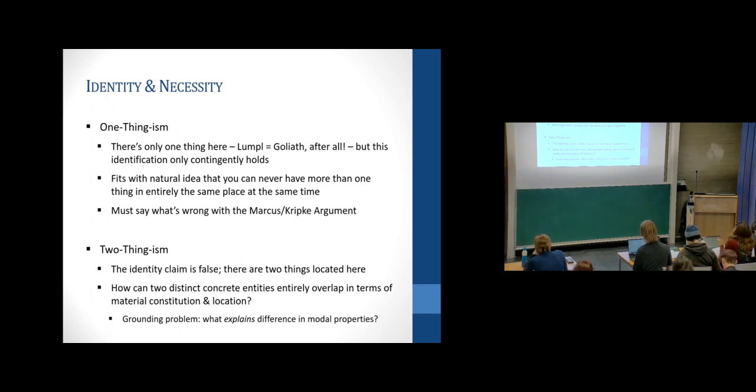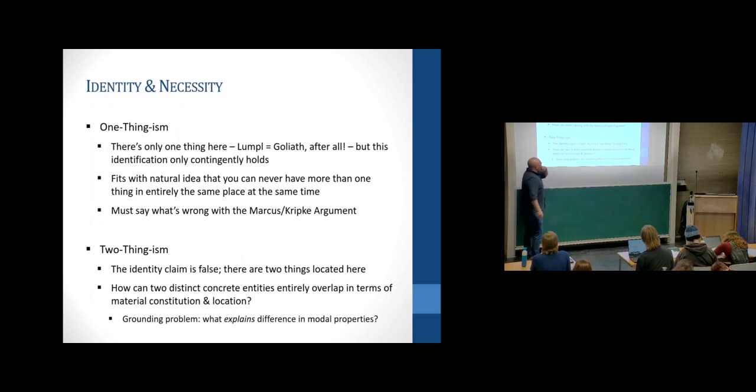But this identification is only contingent. This fits with the natural idea that you can never have more than one physical object in the exact same place at the exact same time. But they have to then say something against the Barcan-Marcus and Kripke argument for necessity of identity. So that'd be one argument.